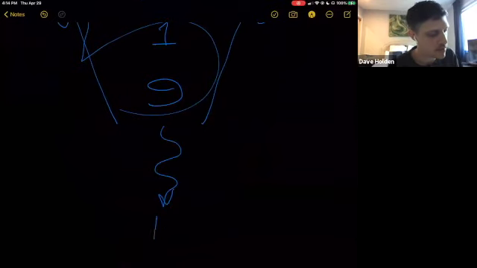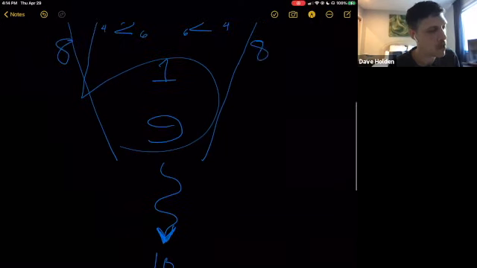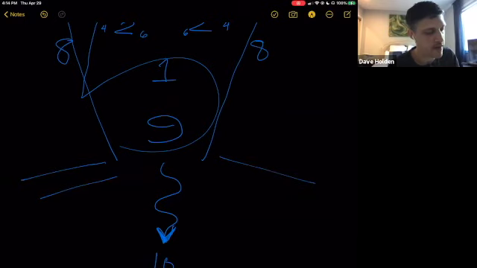Vagus nerve is responsible for things like swallowing. It goes down into the organs. Cranial nerve number 11 is your spinal accessory nerve. It innervates the neck and shoulders. Cranial nerve number 12 is the hypoglossal nerve. It goes underneath your tongue.